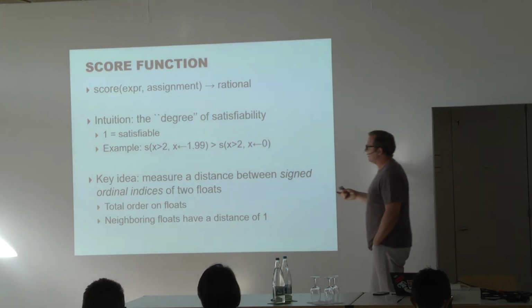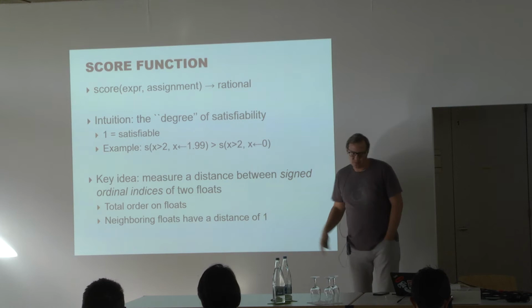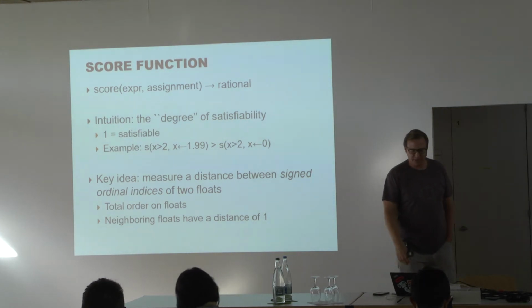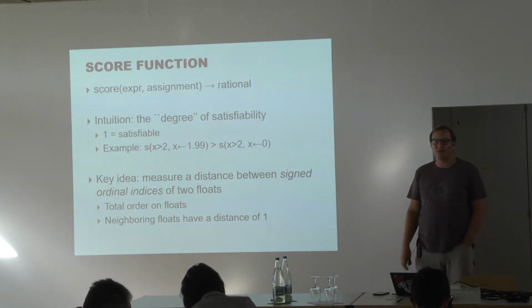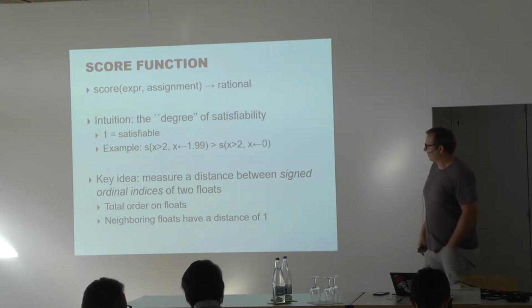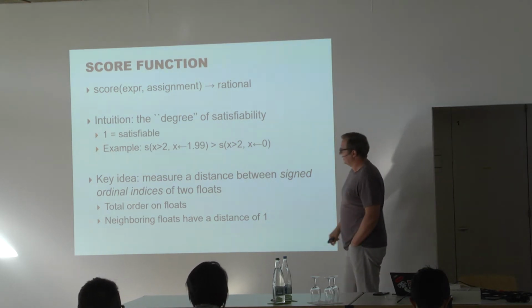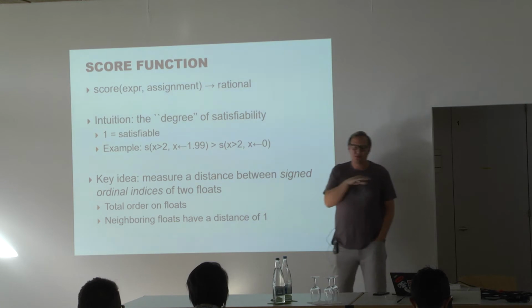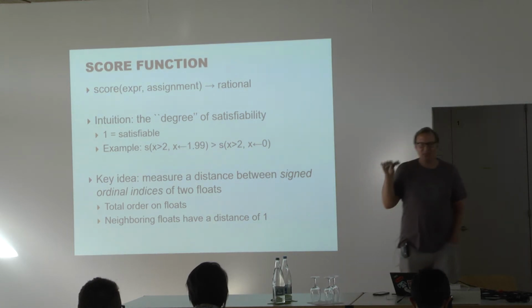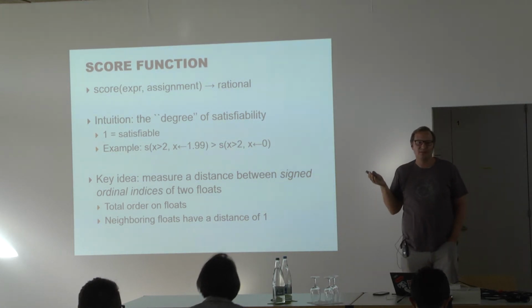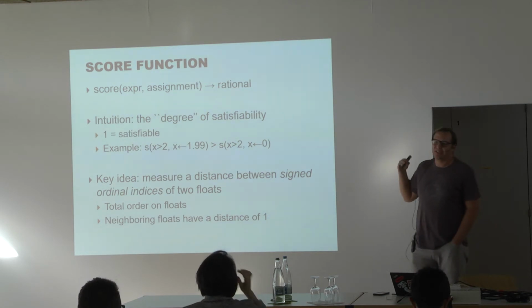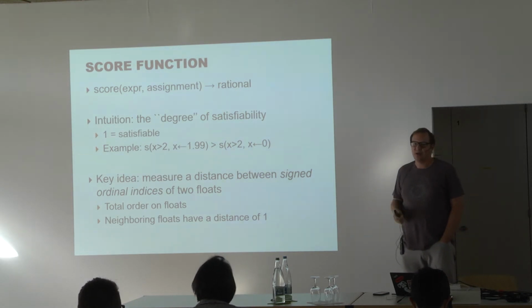So our key idea here is that we define the score function by measuring the distance between signed ordinal indices of two floats. What are signed ordinal indices? Well, they just ensure that there is a total order of floats, and the neighboring floats have a distance of 1. So it's turning floats into some kind of ordered integers.